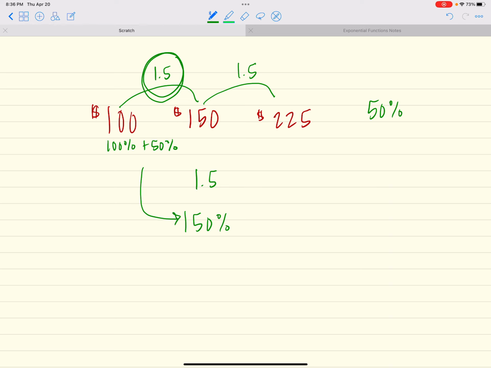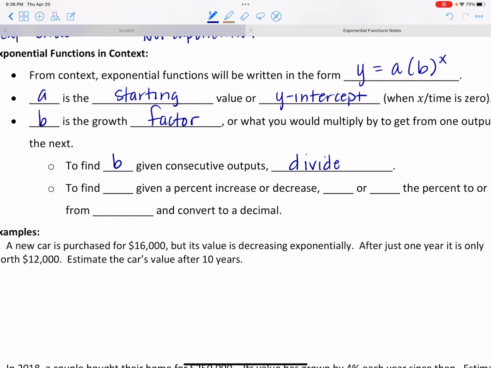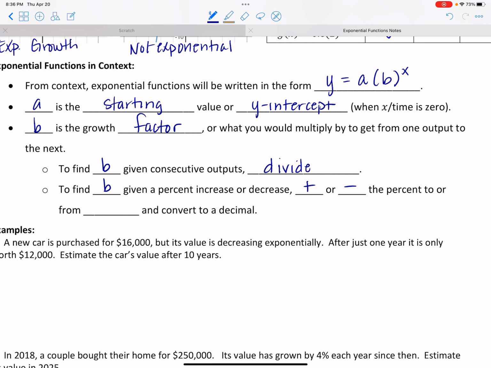Okay, so I don't know if that makes sense, but if we are given a percent gain or a percent loss, we are looking at an exponential growth or decay situation. So to figure out the value for b, we want to take that percent increase or decrease and either add or subtract to or from 100 and then convert to a decimal.